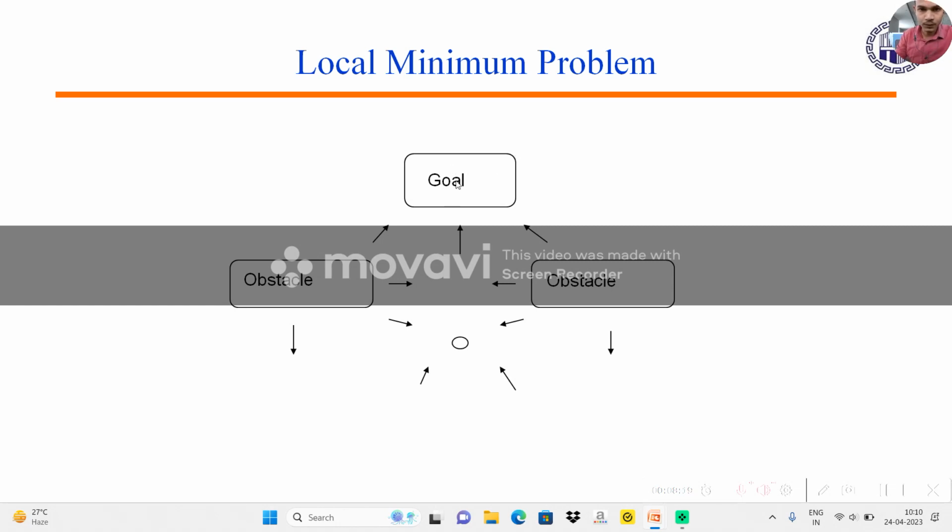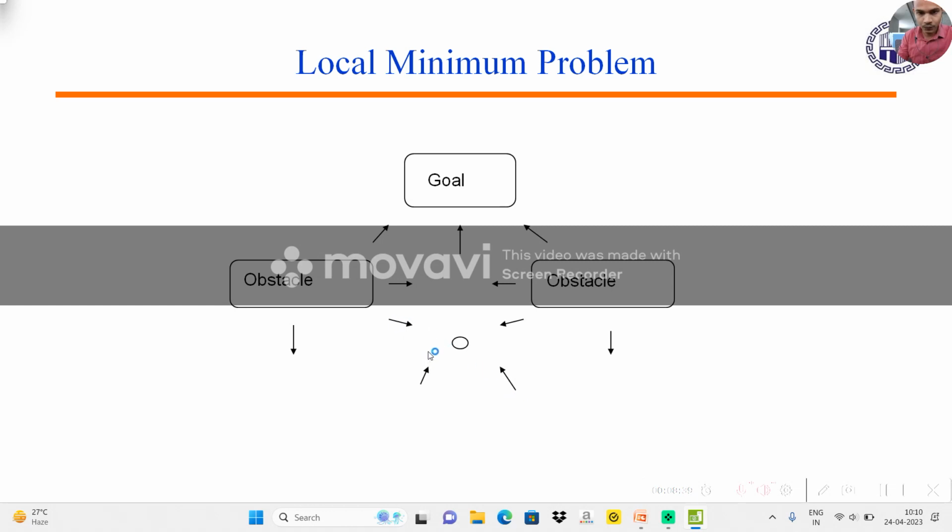Suppose the goal is over here and the robot is here. It will feel the repulsive force from these obstacles, and the goal state exerts the gravitational force in this direction and in this direction.